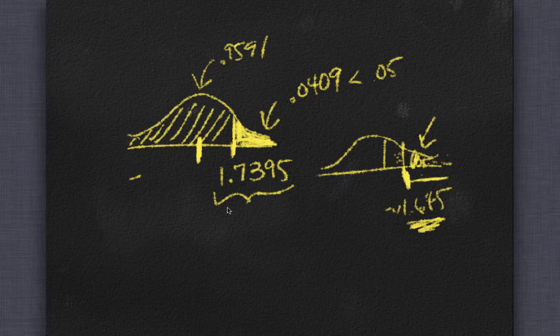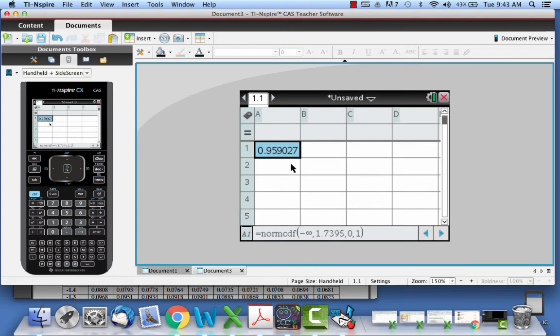So this 0.9591 would have been rounded incorrectly. I would have really wanted 0.9590.